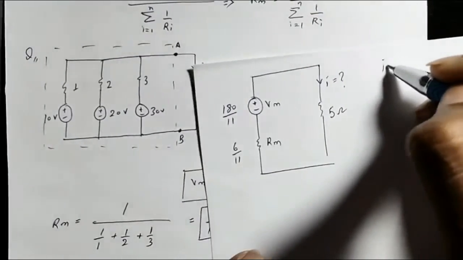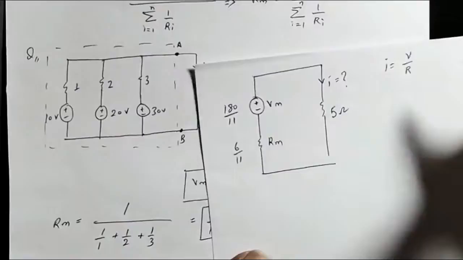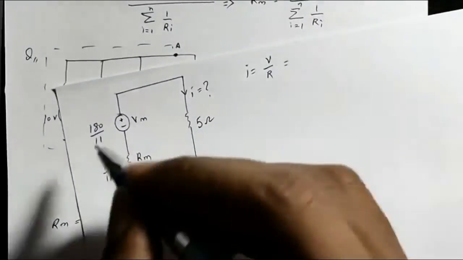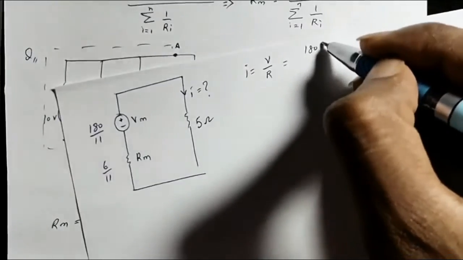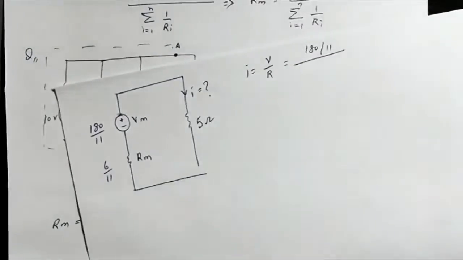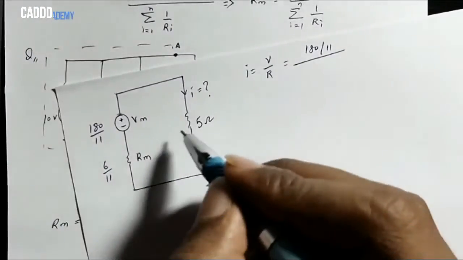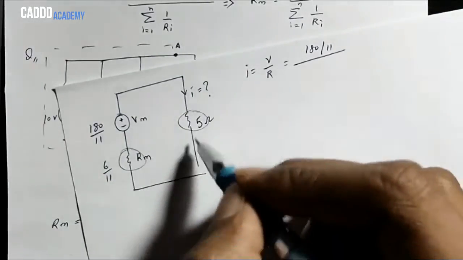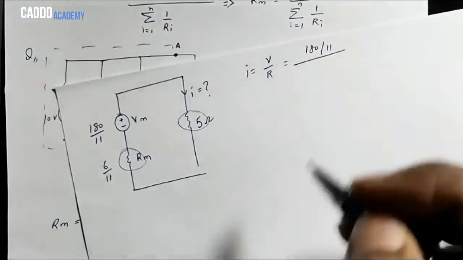Now this is a simple circuit. We know that I is equal to V by R from Ohm's law, and the value of V is 180 by 11, and the value of resistance is this resistance plus this resistance, because these both resistances are connected in series.